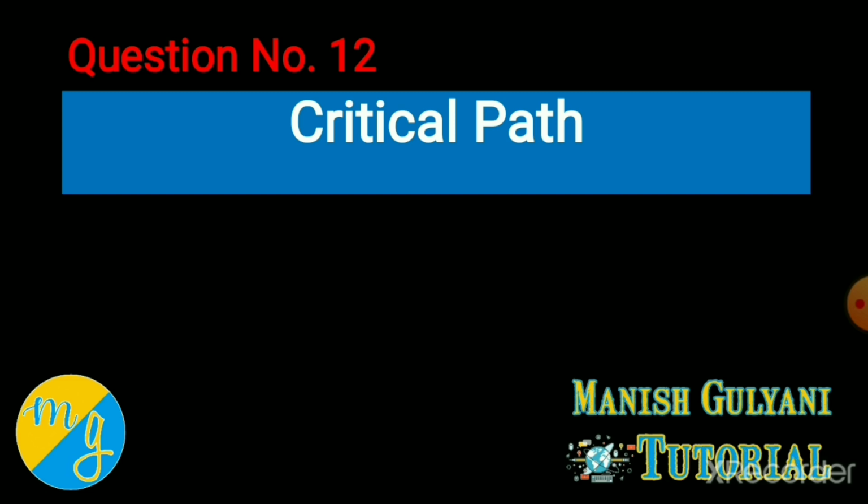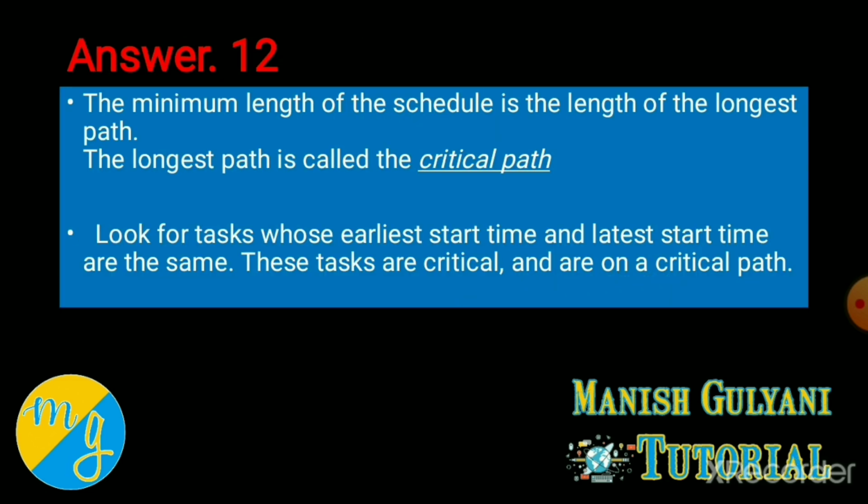Now what is critical path? Critical path simply means the shortest route with maximum time. Means the minimum length of the schedule is the length of the longest path. The longest path is called critical path. Under critical path you have to identify the key activities where you have to pay attention.